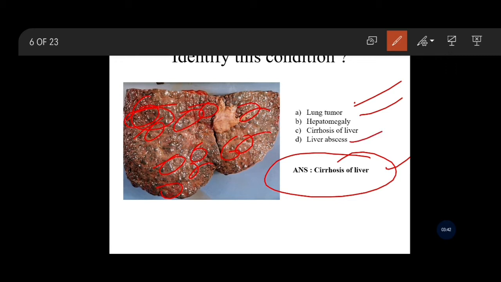Liver abscess means there is a formation of pus and debris in a particular lobe or area, but here the whole liver has nodules, so it is cirrhosis of liver. Next: identify this condition.